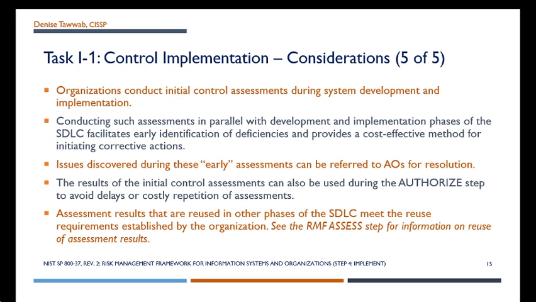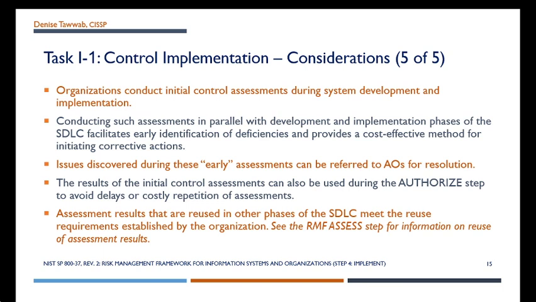In control implementation, your organization will conduct initial control assessments during system development and implementation. Conducting these assessments in parallel with the development and implementation phases of the SDLC facilitates early identification of any deficiencies, and provides a cost-effective method for initiating corrective actions. Issues that are discovered during these early assessments can be referred to the authorizing officials for resolution.